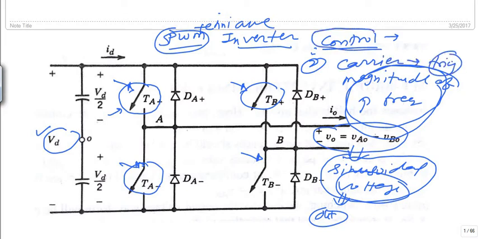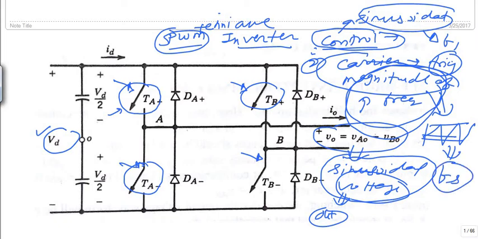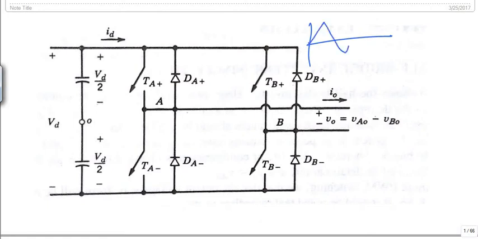The control signal in the case of the SPWM technique is taken as a sinusoidal signal, whose frequency is, let us suppose, f1, and the carrier signal, which is a triangular signal with constant amplitude, has frequency fs. We keep the amplitude of the carrier wave constant, and we can change the amplitude of our reference wave, the sinusoidal wave.